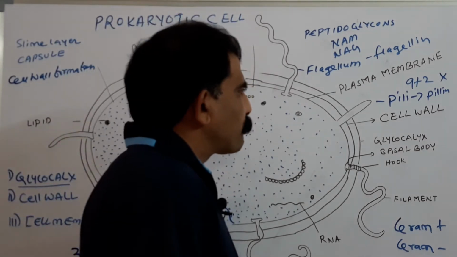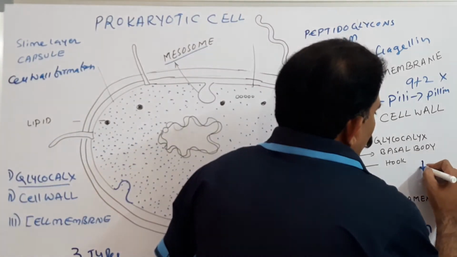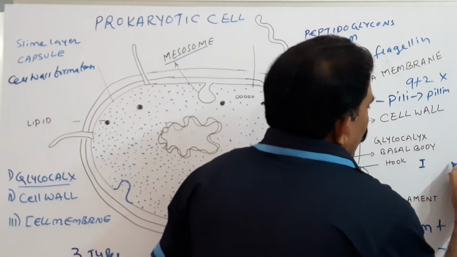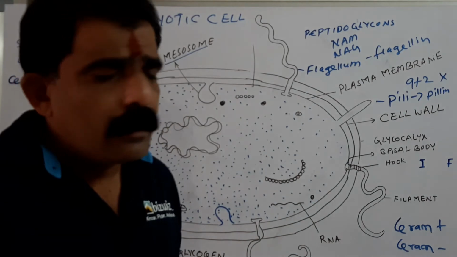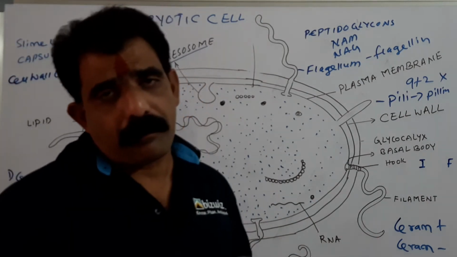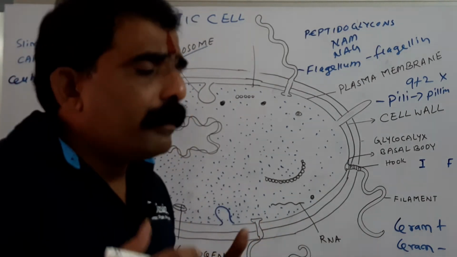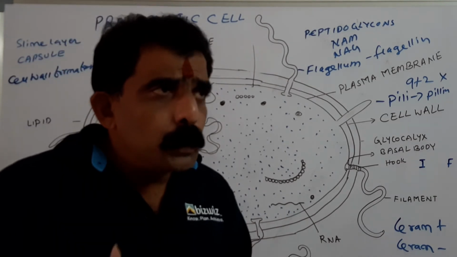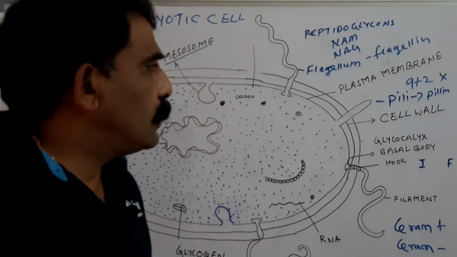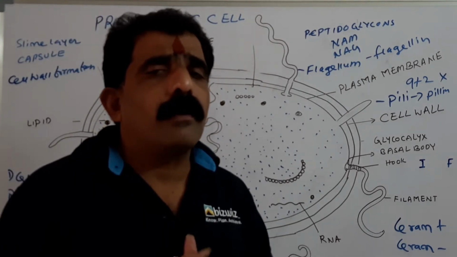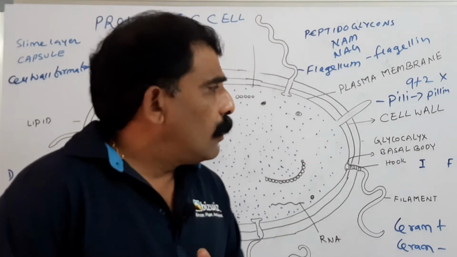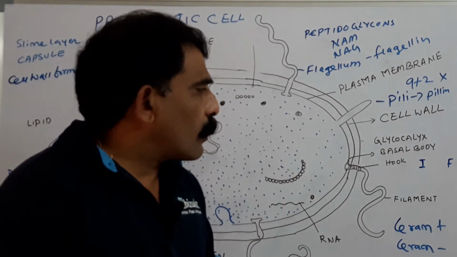Of them, I and F type pili are called sex pili, which are useful to transfer genetic material from one bacterium to another during conjugation.